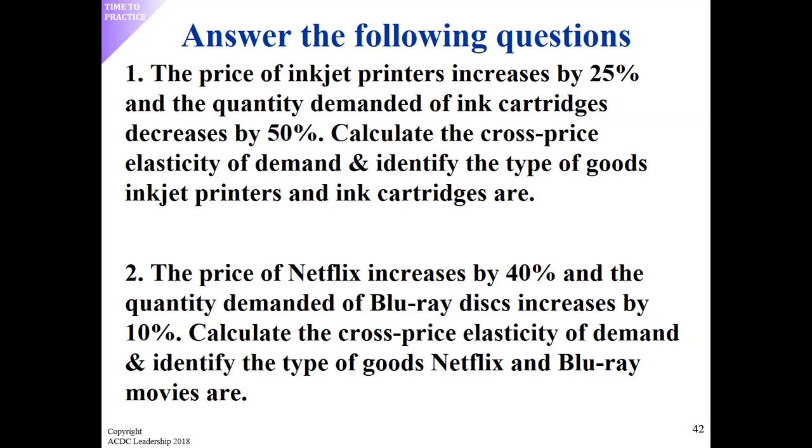Okay. Who could walk me through the bottom one? So the price increase to 40% was income, and then we had the 10% increase. So that's a positive number, 2, right? So that's 0.25, right?